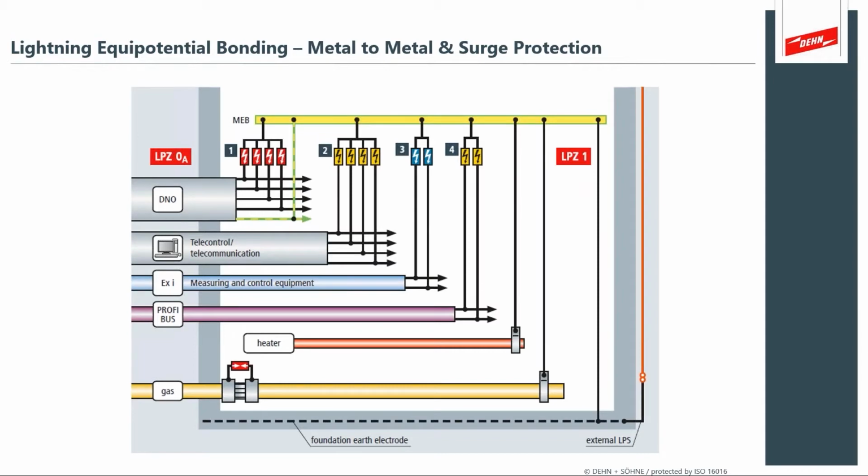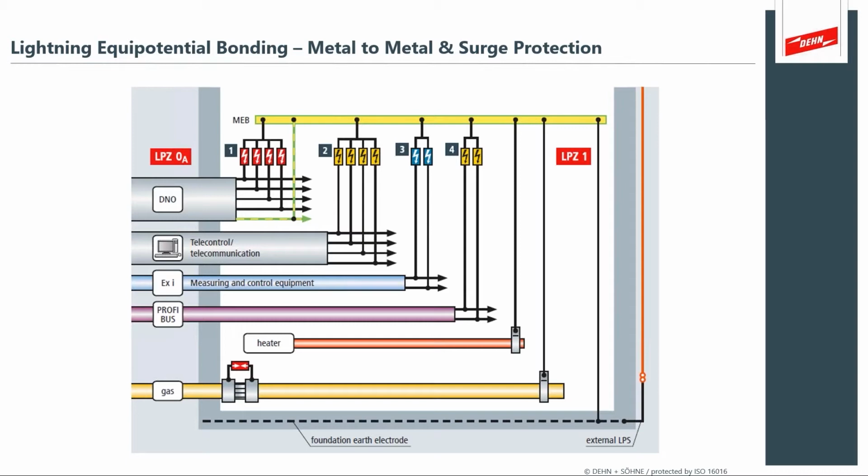So I want to start with lightning equipotential bonding. And this is a really great illustration that describes both metal to metal and surge protection. These are the aspects of lightning equipotential bonding. The idea is to create a single potential across your site, across your structure. And the purpose is to prevent differences in potential which will cause ground potential rise to drive currents.